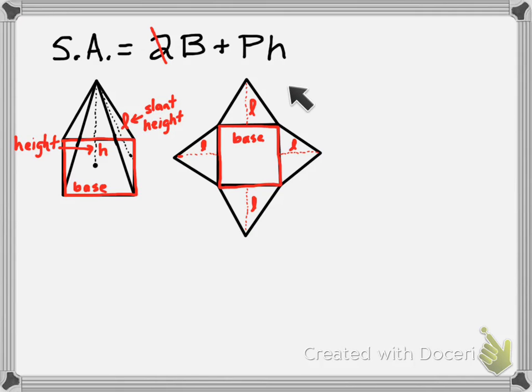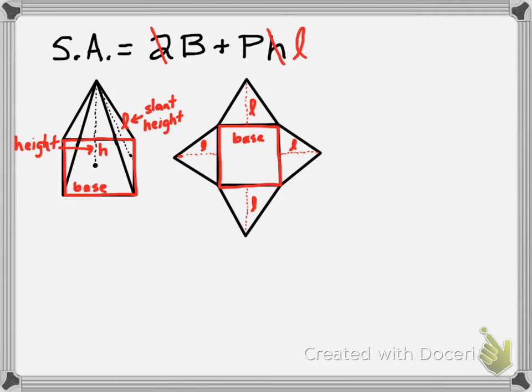Well, no, I'm not, because the height of the prism isn't on the surface. What is on the surface? The slant height. See, that's how tall all these triangles are, right? That's the height of those triangles. So if I'm trying to find the area of all these triangles, shouldn't I use slant height? All right, so I don't need height for a pyramid. I'm going to use slant height.